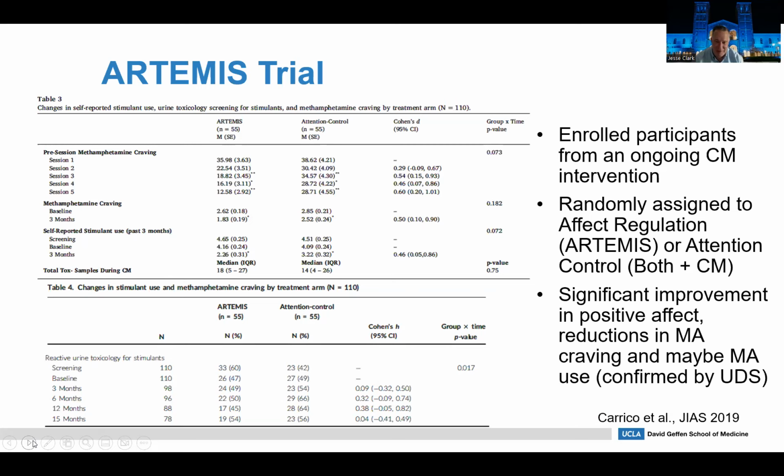However, if you look more carefully at the week by week analyses, you'll find that there was actually no significant difference in, that's the bottom line of the first figure there, the total number of negative samples during contingency management. There was no difference between the intervention and control groups. But they both did have significant reductions from contingency management. Next slide, please.